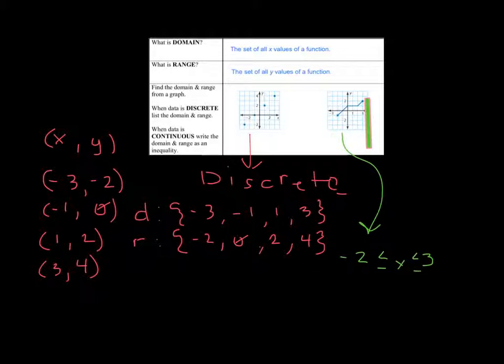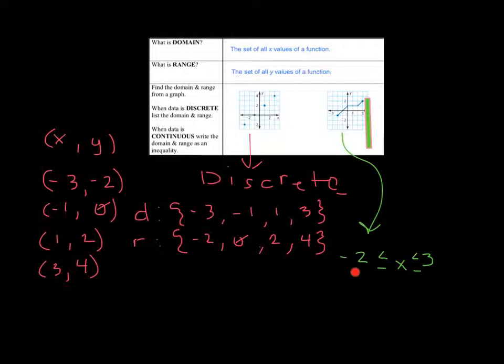When we did this, we talked about the fact that with continuous data, you have to include all the little points that fall in between. For this one, -2 and 3, which means all those little decimals, and that's why we use the inequality. We worked on graphing inequalities in chapter 2, and we talked about the fact that those included all those values.